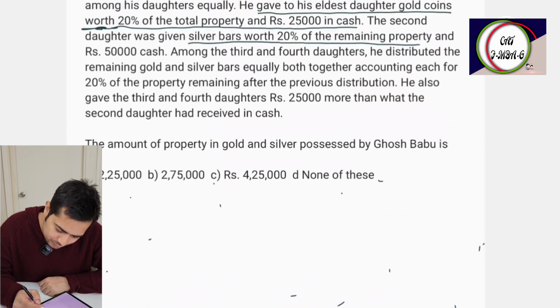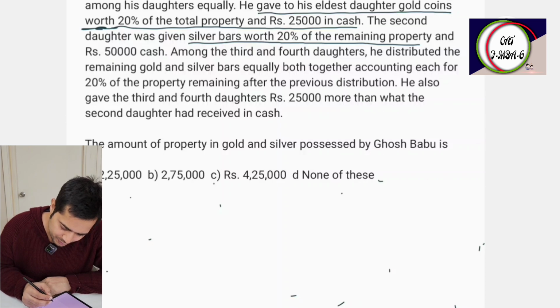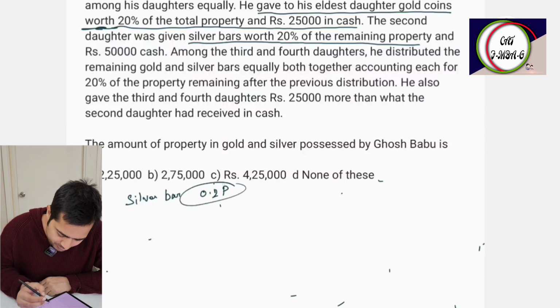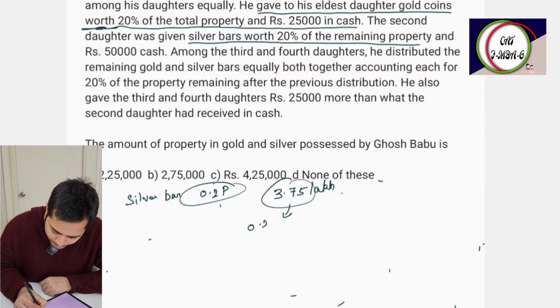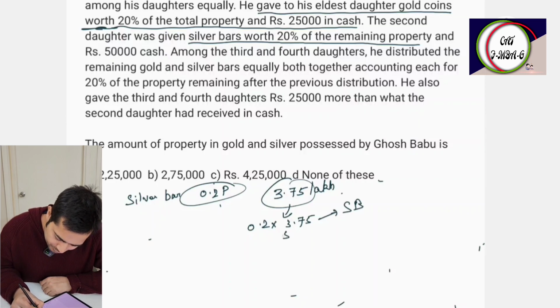Now it is given that the second daughter was given a silver bar worth 20% of the property, so silver bar is 0.2p of the remaining property. The remaining property is 3.75 lakhs. Of this, 0.2 into 3.75 she got as a silver bar, and 50k cash.